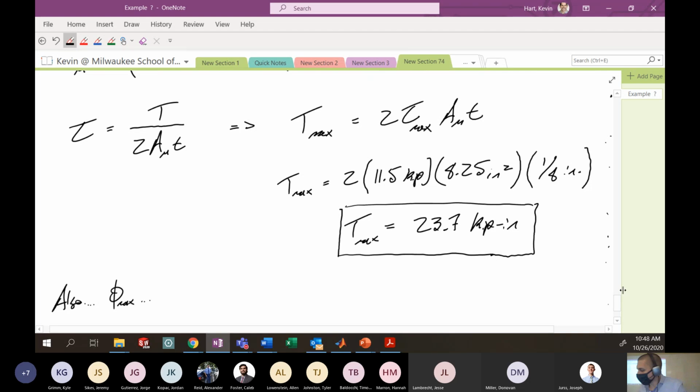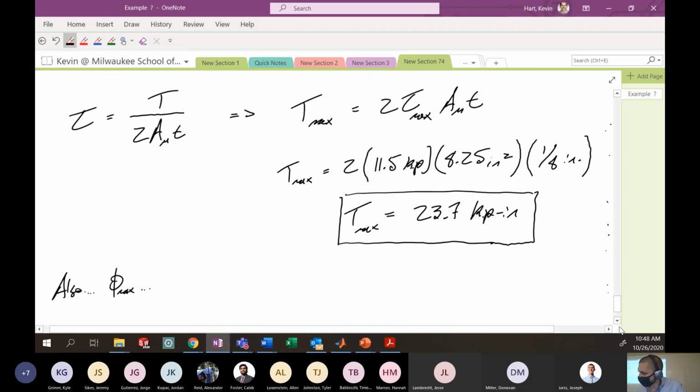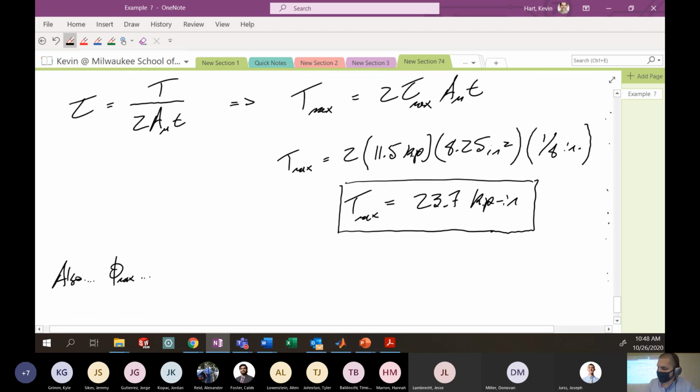We also want to solve for the maximum angle of twist. It's going to use our max torque. The equation we saw was T max times zeta, that funky variable, over L, divided by 4 G A_M squared t.